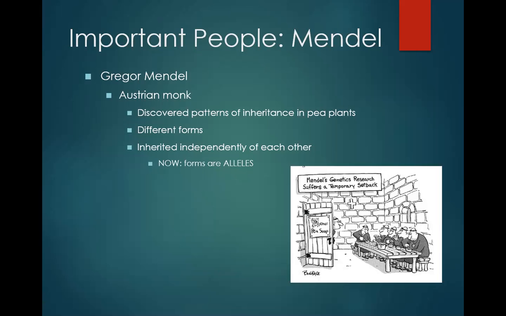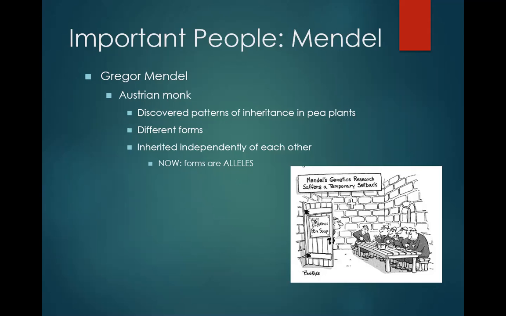He's really a contemporary of Darwin and Wallace, who developed the theory of evolution. Darwin and Wallace's observations on speciation would have made much more sense if they had understood Mendel's ideas about genetics. But neither of them was in contact with the other, so they had no idea how those two things came together.